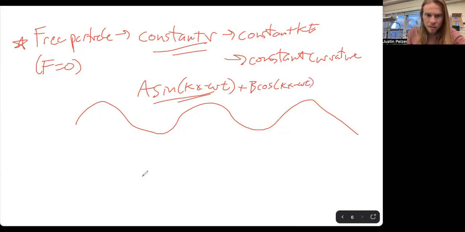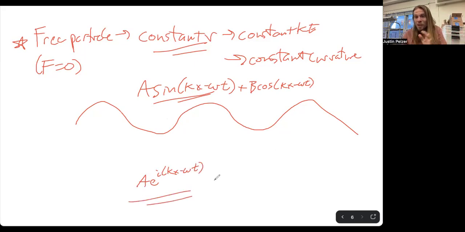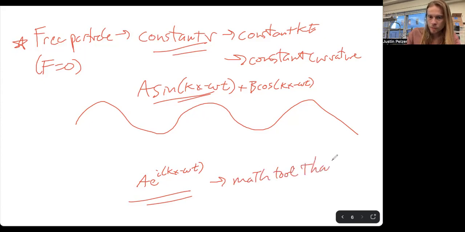The real answer to this is A e to the i kx minus omega t is the general wave function in the complex plane, which is a math tool that works best to model a free particle. The point is the curvature is constant, right? It's the same curvature.